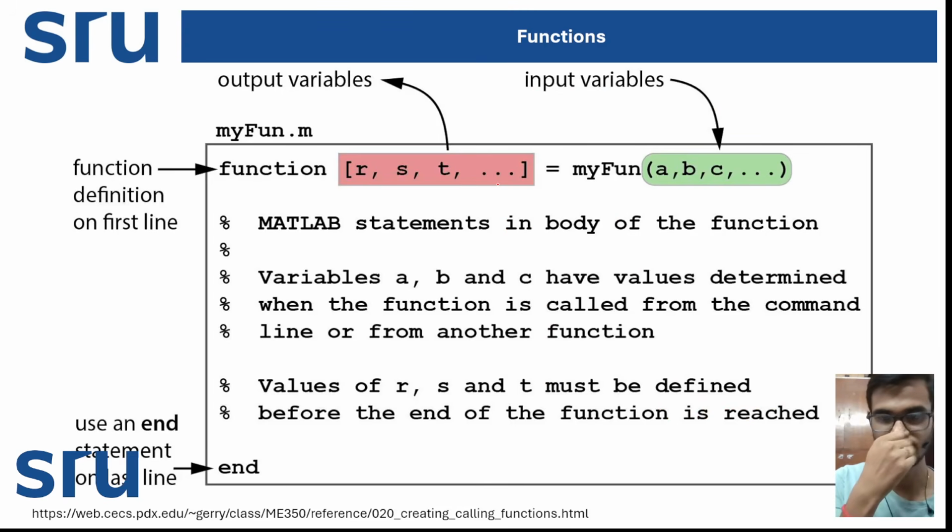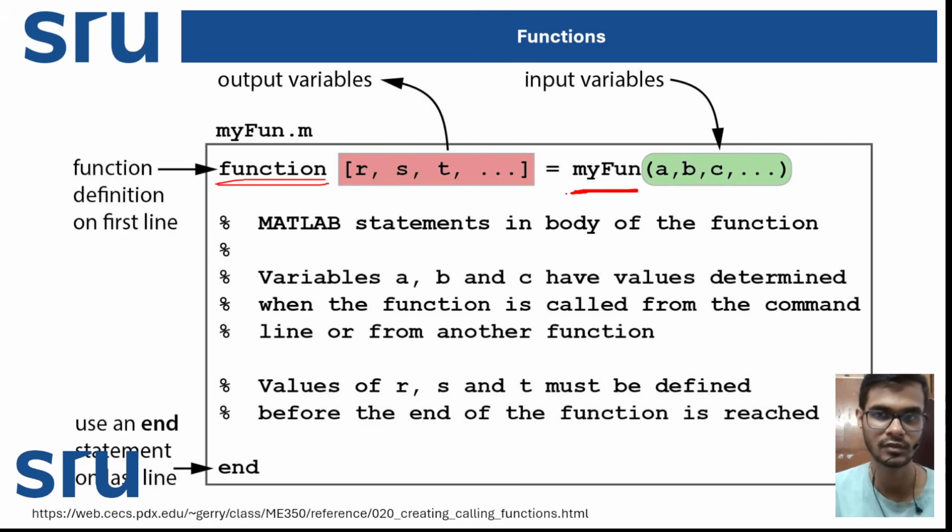So this is the basic structure of a function in MATLAB. Here you can see we have the keyword function. This is an inbuilt command, which cannot be changed. But this is not a command, this is the name of the function.